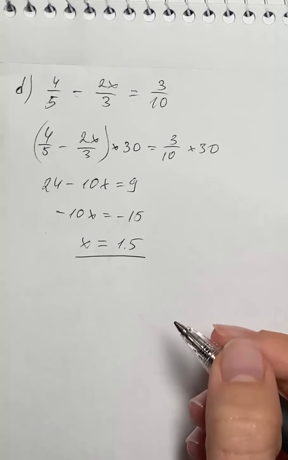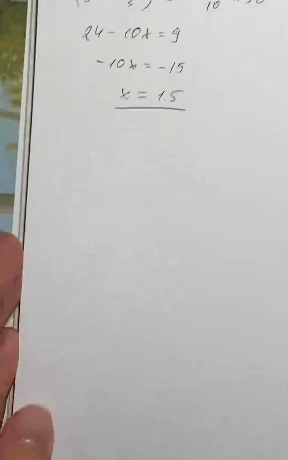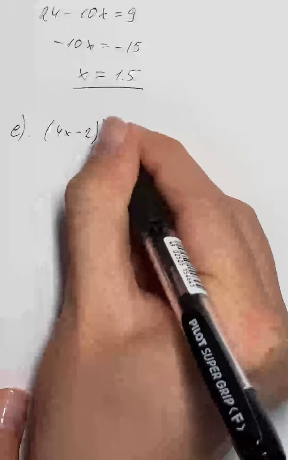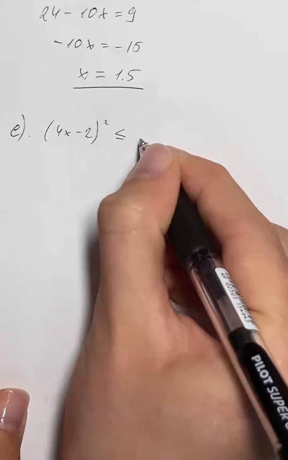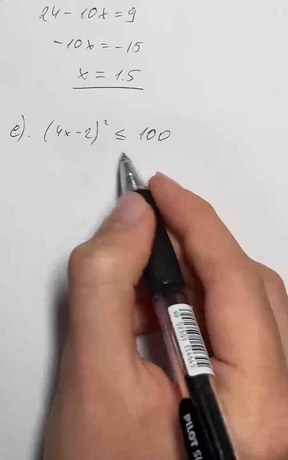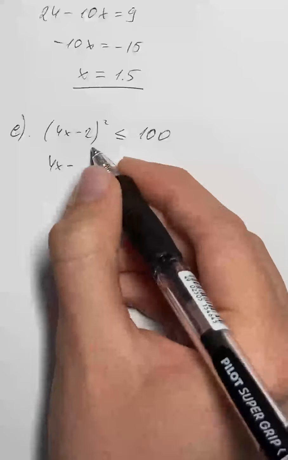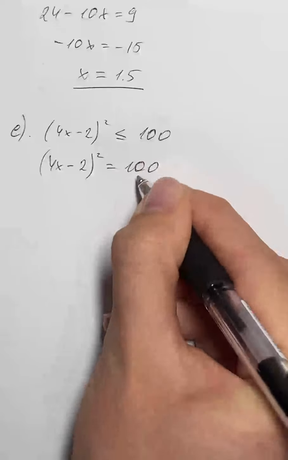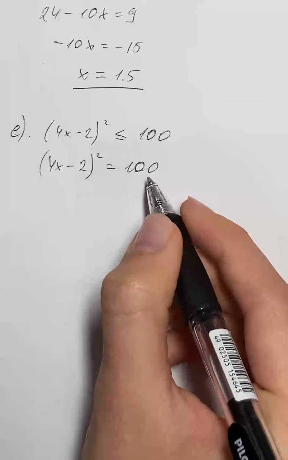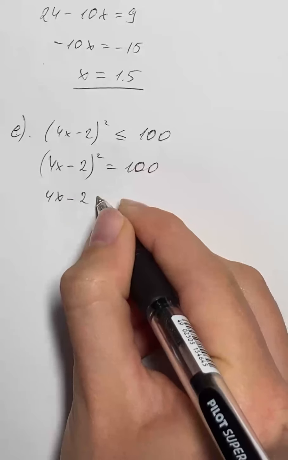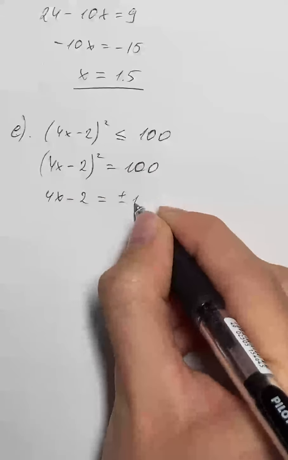Now we have the inequality (4x minus 2) squared is less than or equal to 100. So we replace the inequality sign with an equal sign. And now we take the square root of both sides and get 4x minus 2 equals plus or minus 10.